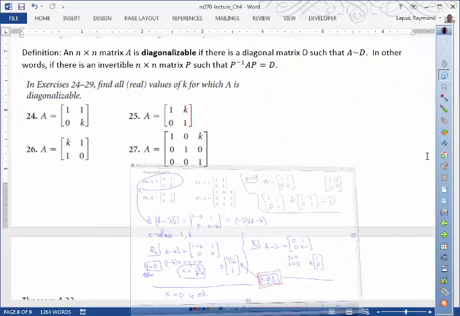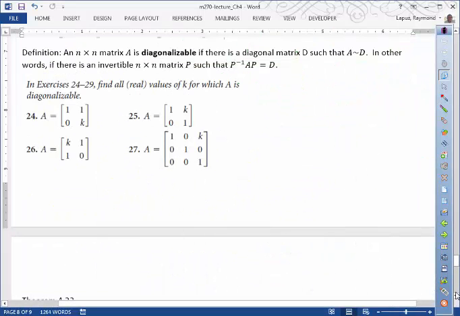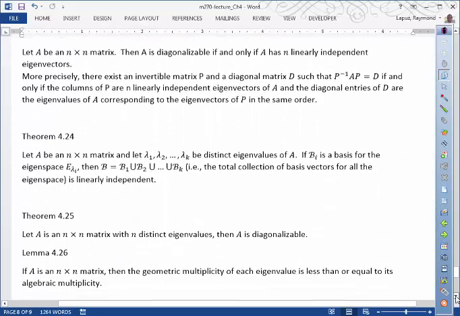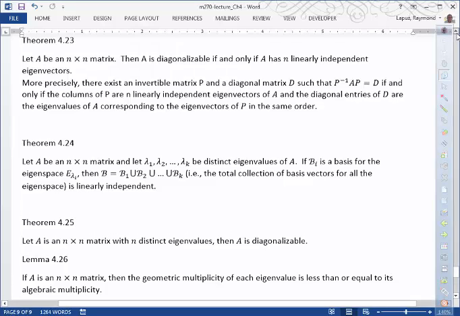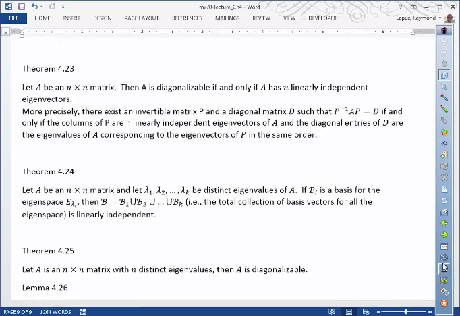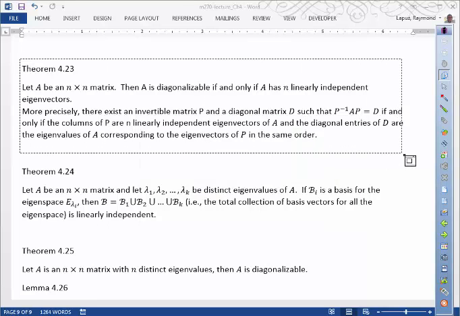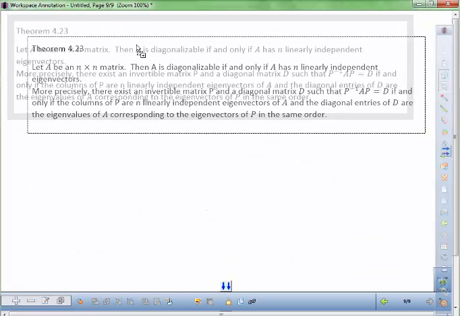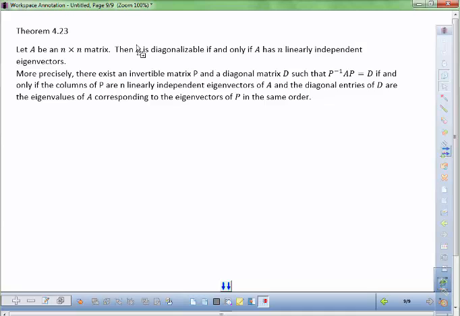All right. Let's take a quick look at the last couple of theorems in this section. Federico also mentioned that if A is diagonalizable, then your eigenvectors are linearly independent.